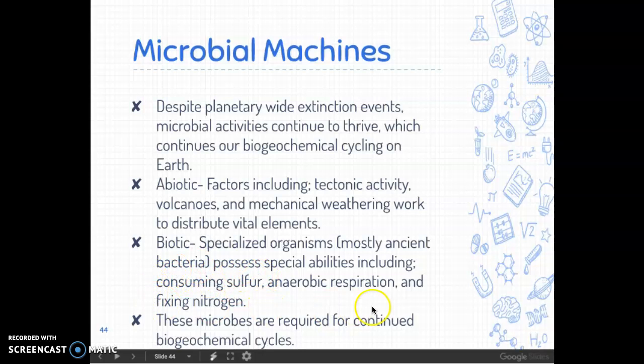There are some specific bacteria that are adapted to really harsh conditions. Some archaeans can consume sulfur instead of carbon, and they don't need oxygen. They're anaerobic, and they also have the ability to fix nitrogen from the air. So there are some really specialized organisms that can thrive regardless of the conditions on Earth. Microbes are a huge part of the biogeochemical process.